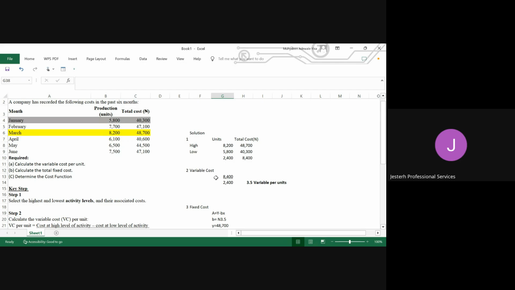Understand the key steps. It will help us a lot, because once we identify the low and the high, we will get the variable cost per unit correctly. And once we make a mistake in determining the variable cost per unit, the remaining workings will not be in line.